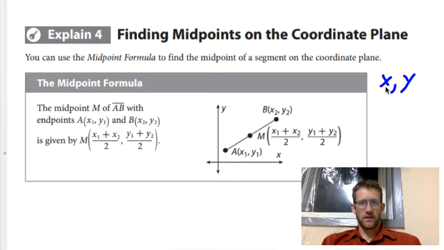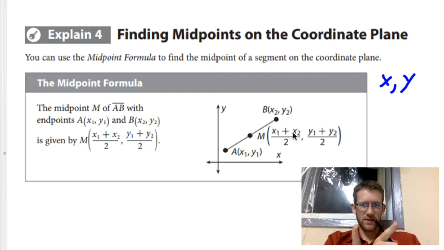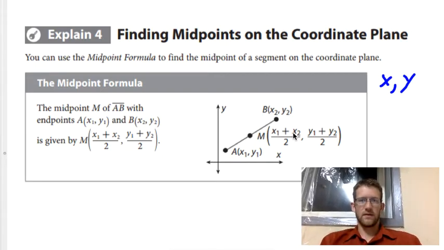The first one here, I'll use x as an example. This is the formula, right? It's also printed here. It says x1 plus x2. Does order matter there? Can I do x2 plus x1? Is that the same thing? Yes, because addition doesn't care what order you add things in. So I add the two x's together, and then I divide by 2.